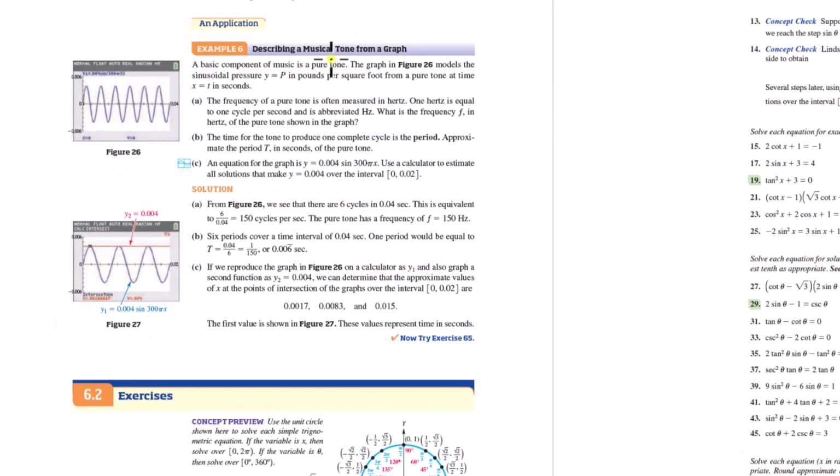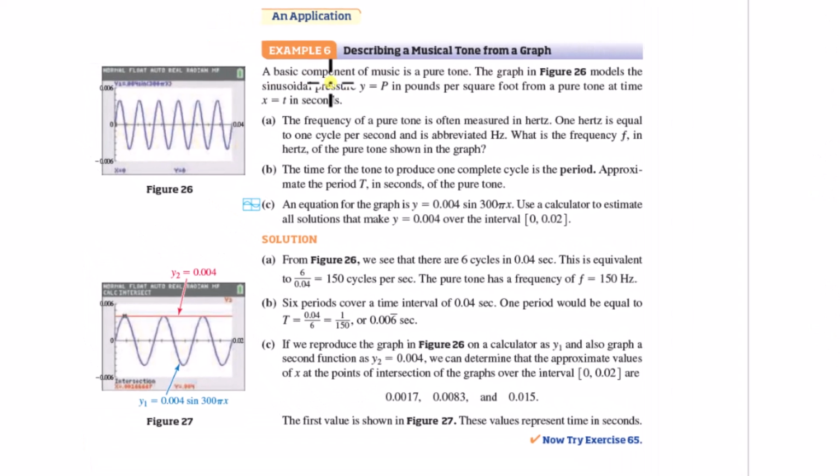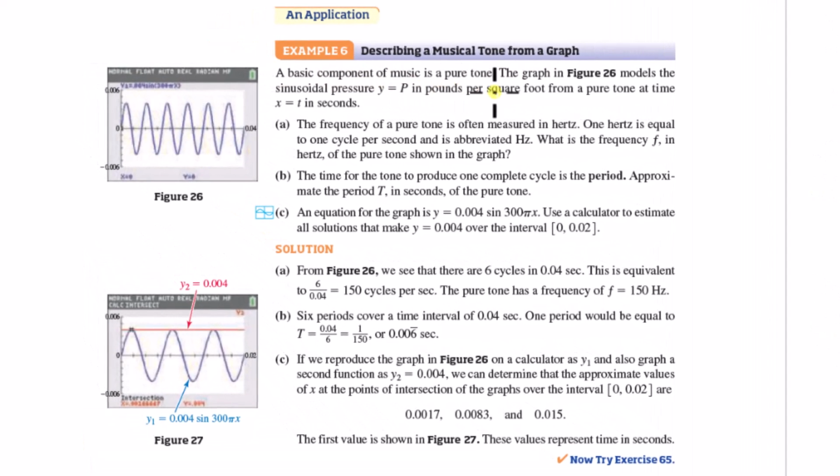All right, here's an application: describing a musical tone from a graph. A basic component of music is a pure tone. The graph in figure 26 models the sinusoidal pattern y is equal to p in pounds per square foot from a pure tone at a time x is equal to t in seconds. The frequency of a pure tone is often measured in hertz. 1 hertz is equal to 1 cycle per second.